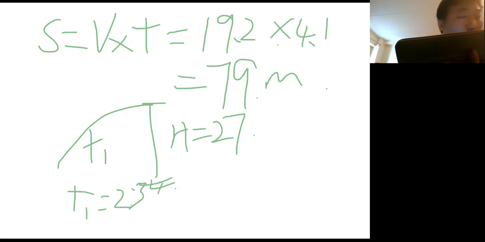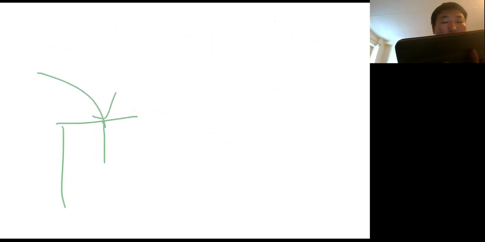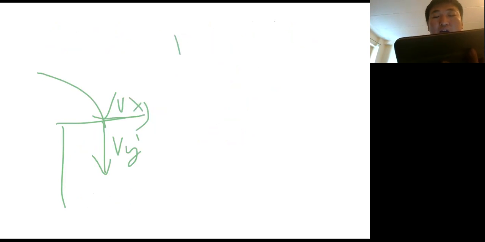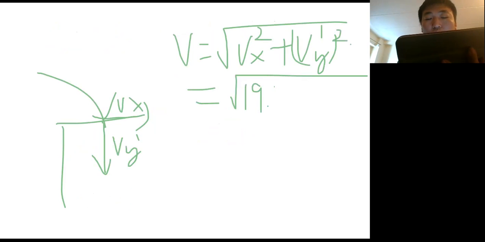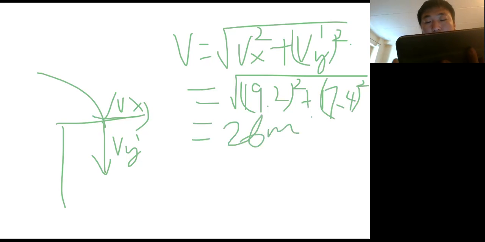And the last question is the magnitude of the final velocity. We know Vy dash and Vx, so the magnitude equals the square root of Vx squared plus Vy dash squared. That is 19.2 squared plus 17.4 squared, and after calculating, it's 26 meters per second.